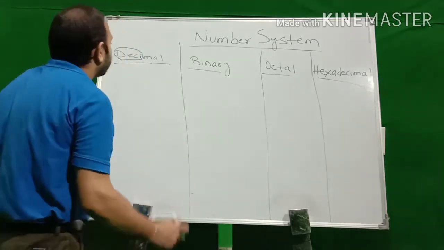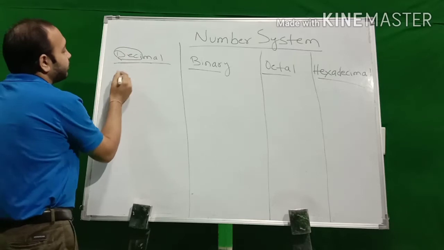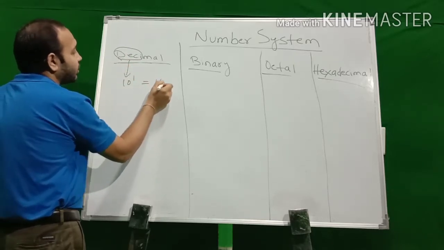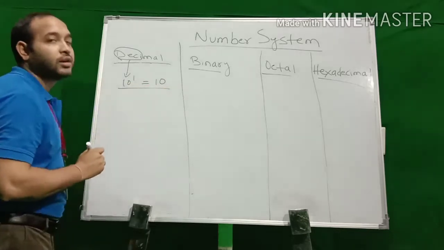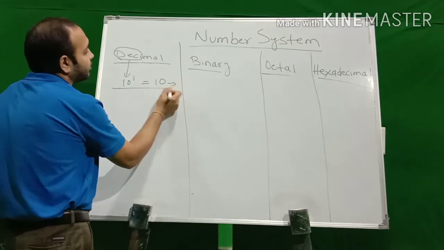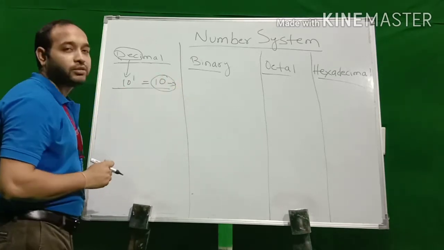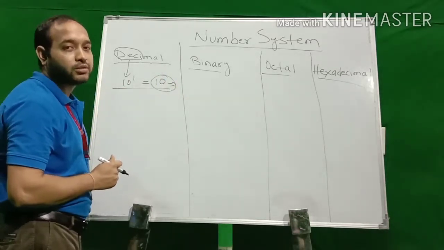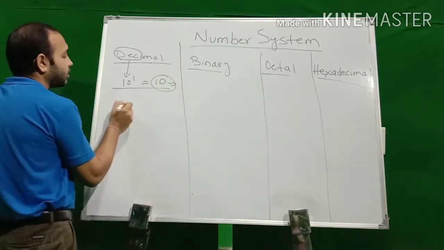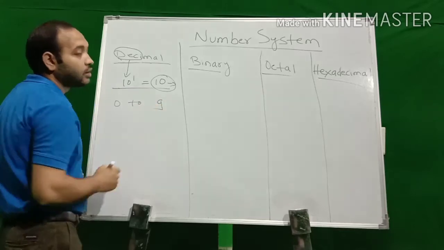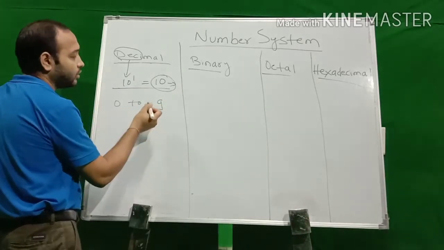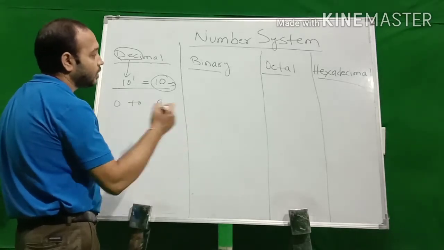So deci means 10 to the power 1, that is 10. So there are 10 numbers in the decimal number system, that's why we call it decimal. These 10 numbers are 0 to 9, means 0 1 2 3 4 5 6 7 8 9.